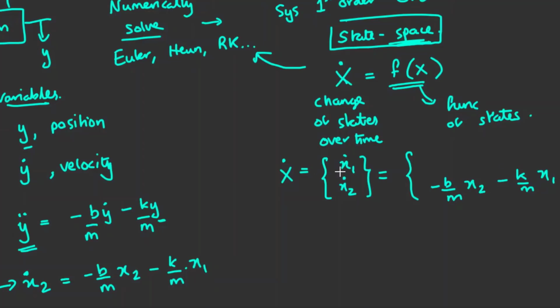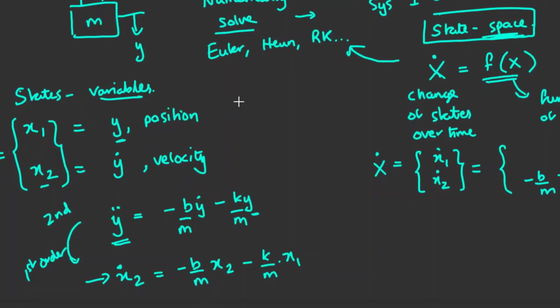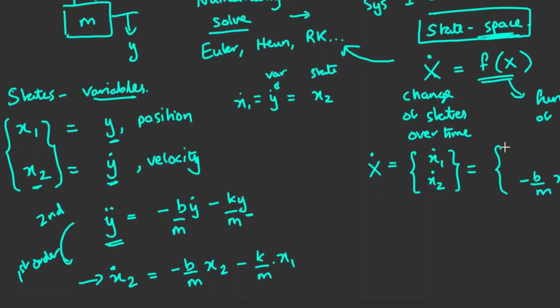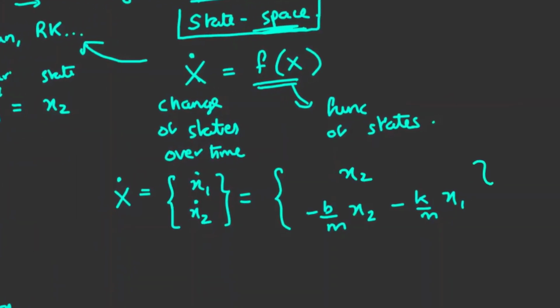How about x1 dot? x1 is y, so x1 dot would be y dot. In terms of the state, we already have a state for y dot, which is x2. So this will be x2. And that completes your state space transformation from differential equation to state space.